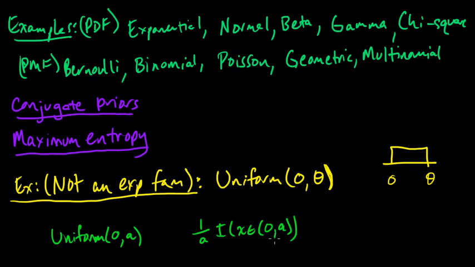We could take this as our h of x, and this 1 over a as our z of theta. In that case there would be basically no parameter, so this would be trivially an exponential family. The distinction here is that we would not be considering a to be a parameter. We would just be thinking of it as some fixed constant. So it makes a difference when you're working with exponential families what you consider to be parameters and what you consider to be fixed values.